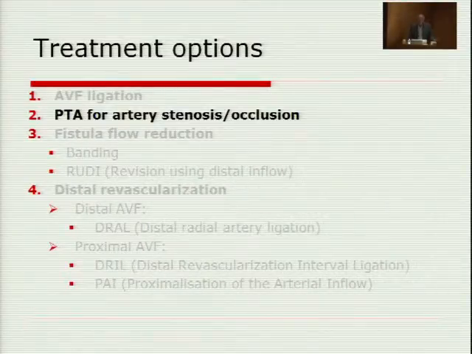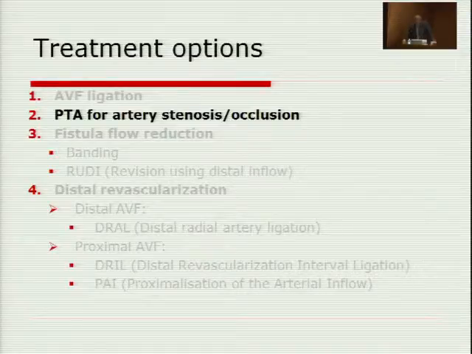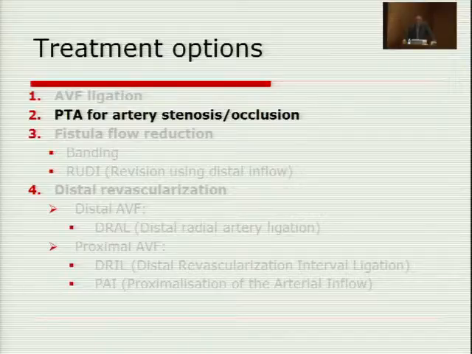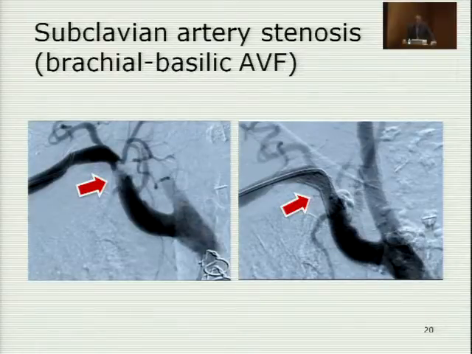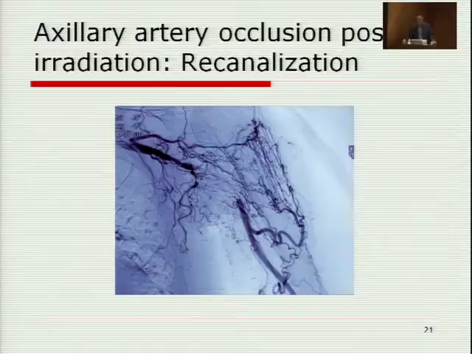When you don't do arteriovenous ligation, you have to wonder if there is any artery stenosis, which could be easily treated most of the time by PTA. And this is, once again, subclavian artery stenosis treated by PTA.